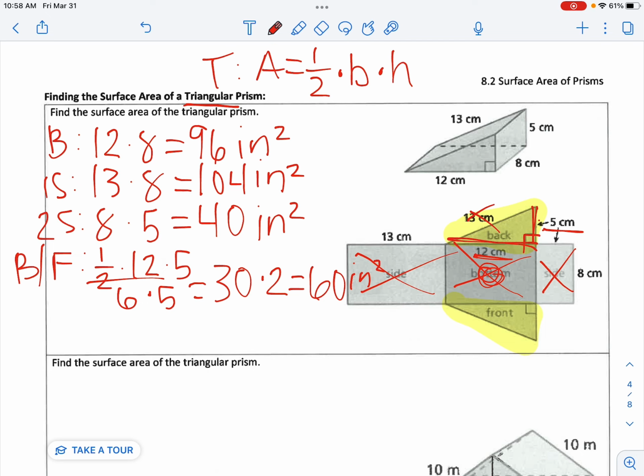Okay. I have my area for all 5 faces, and so I add them together now. I am going to do it in a calculator. So 96 plus 104 plus 40 plus 60 is 300 inches squared.